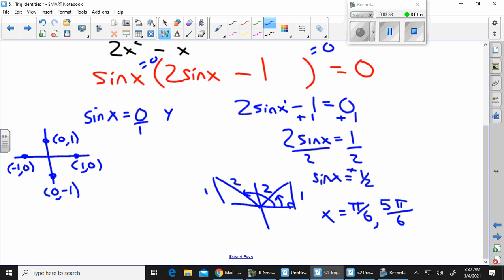So where is your y coordinate 0? Well, my y coordinate is 0 there and 0 there. So that would be 0 and pi. So I have 4 answers that would work for that equation.